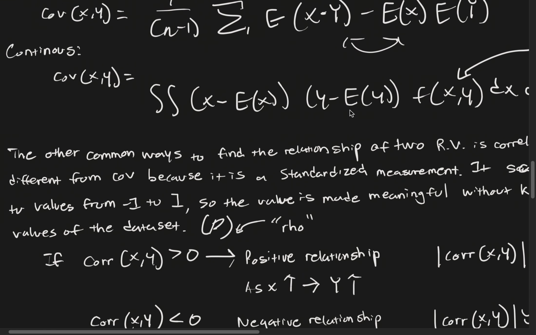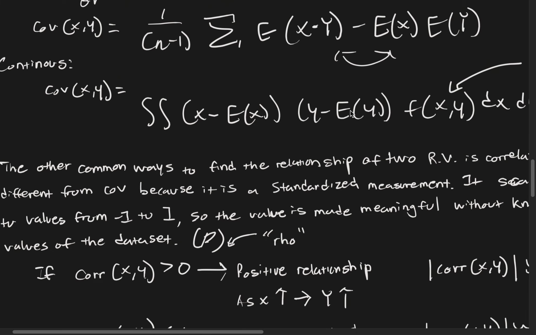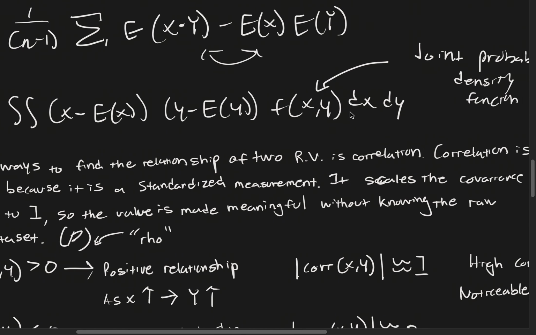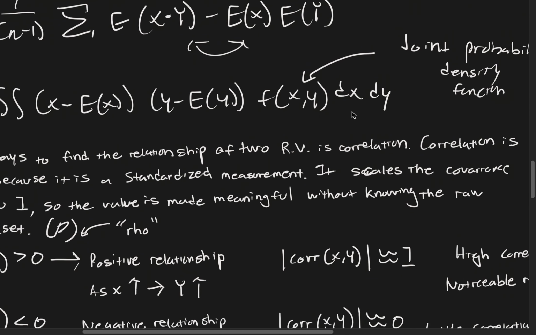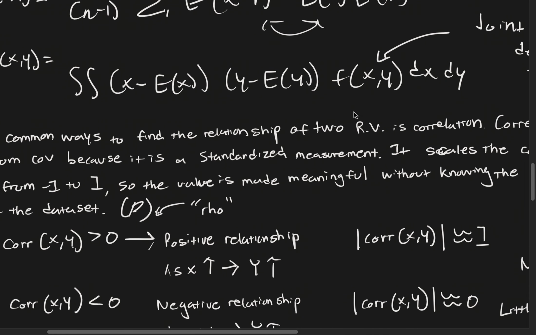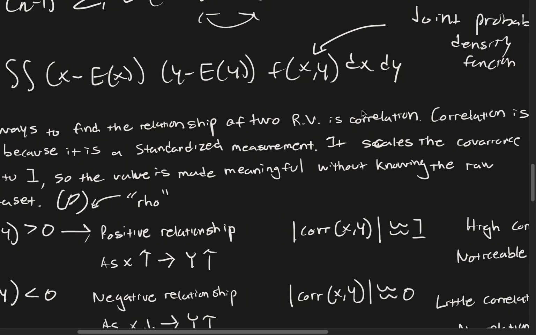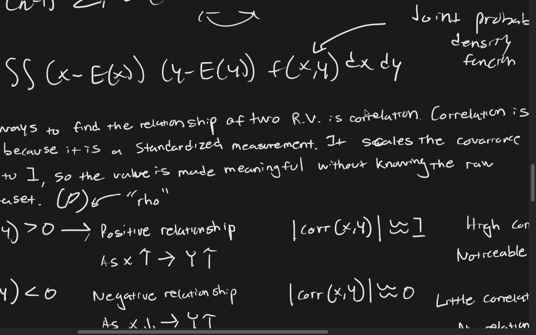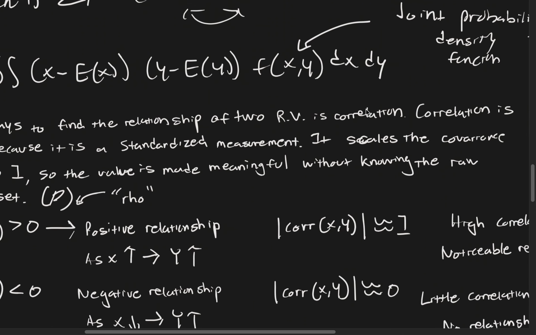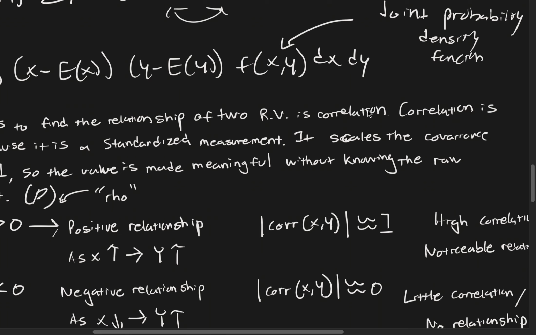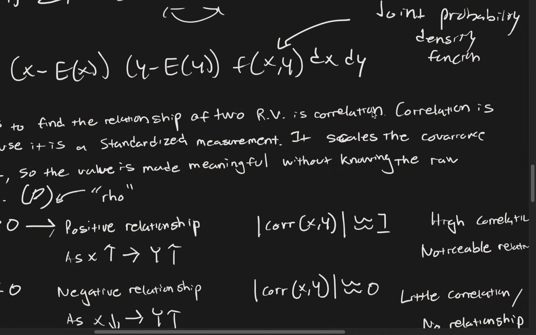All right. So the other way of finding the relationship, besides the covariance, like I said, is the correlation. Now, the correlation, in my opinion, is a much more useful statistical measurement compared to the covariance, because unlike covariance, we don't have to see the actual raw numbers within the data set to know how close the relationship is between x and y.